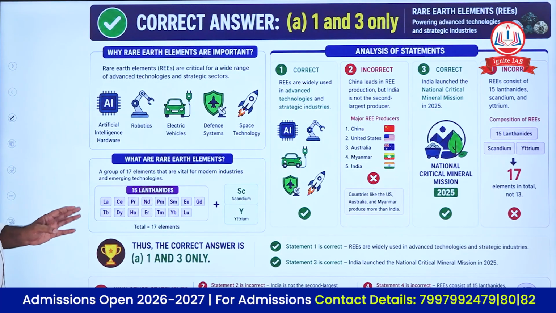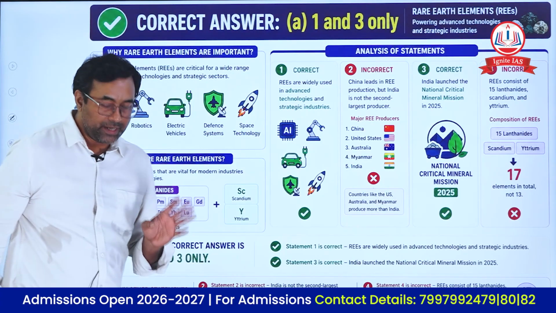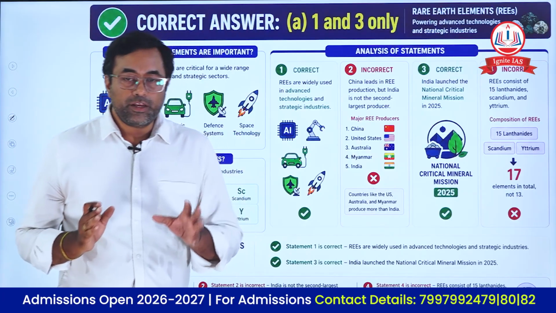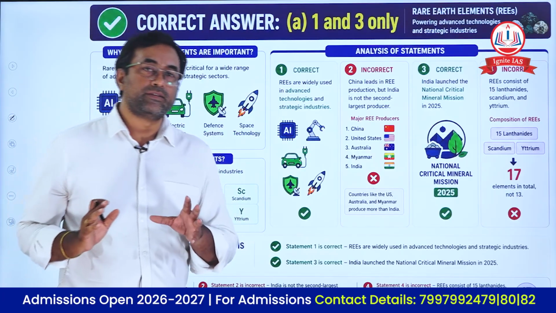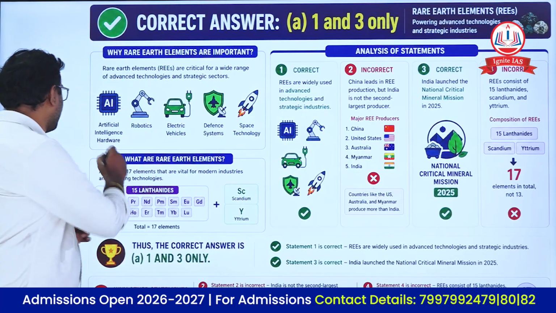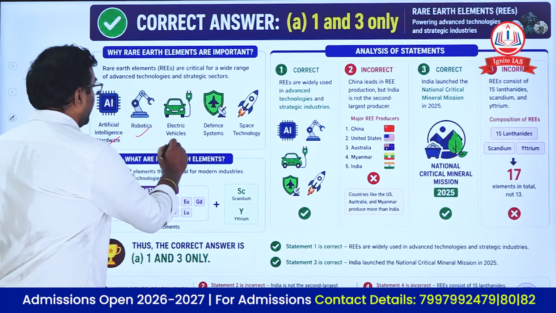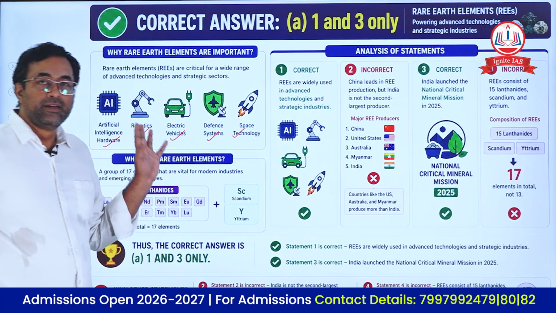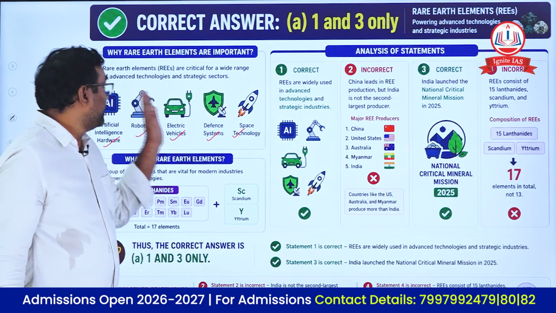If you see in the recent past, rare earth metals or elements are being used in different areas. For example, from artificial intelligence, robotics, electric vehicles, defense, space sector, every strategic sector requires rare earth elements.